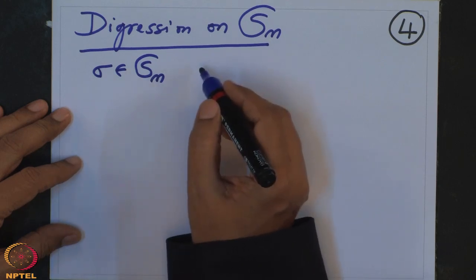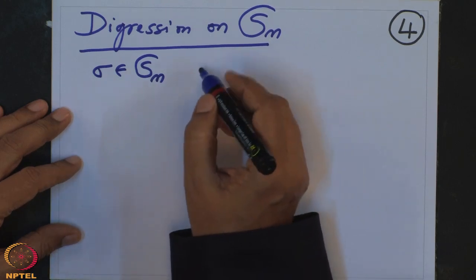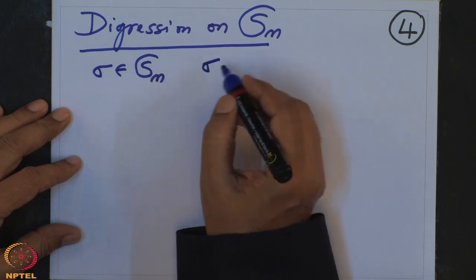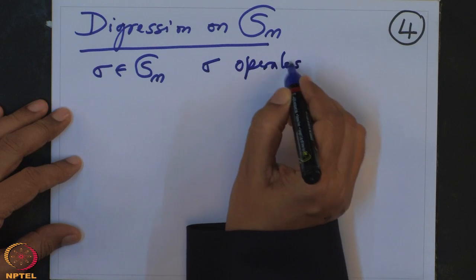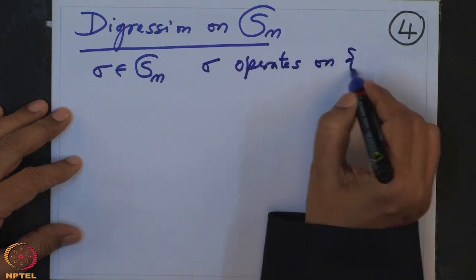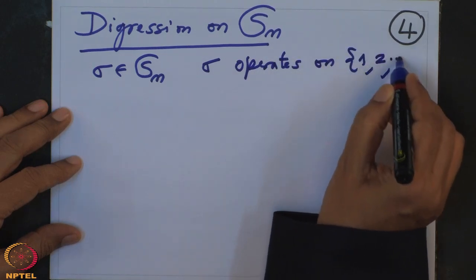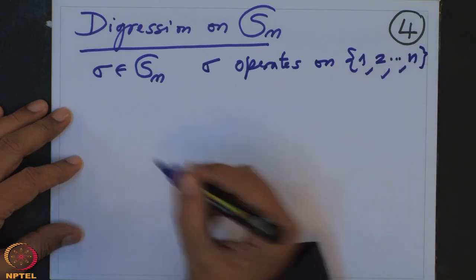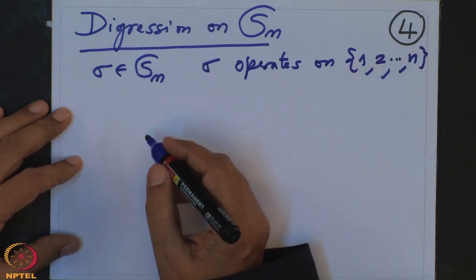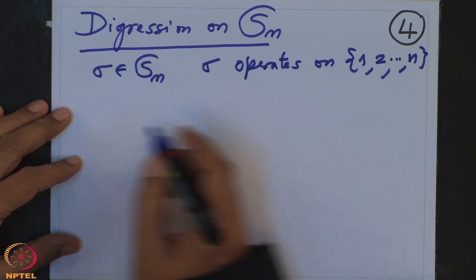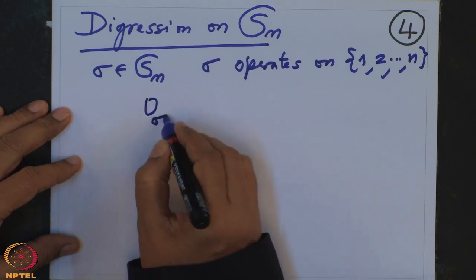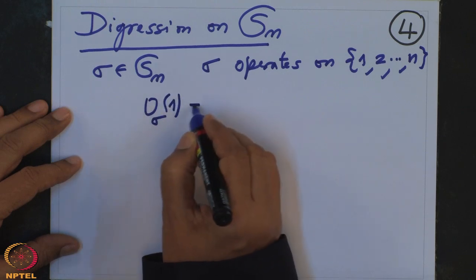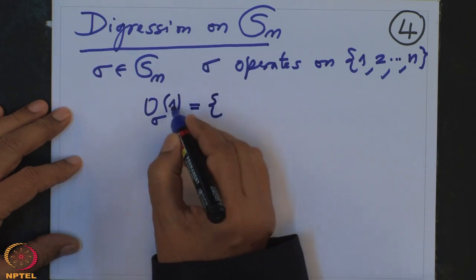So, therefore, the sigma operates on the set 1 to n. So, therefore, I can talk about orbits. So, when I say orbit of 1 under sigma, what does this mean? This means it should be the orbit of 1 under sigma.